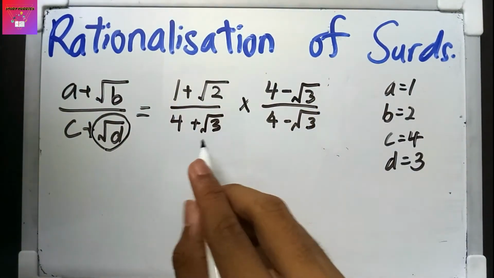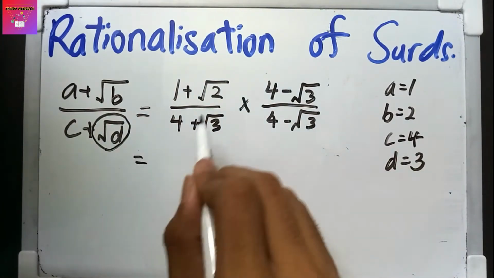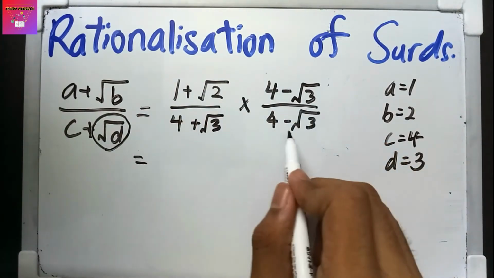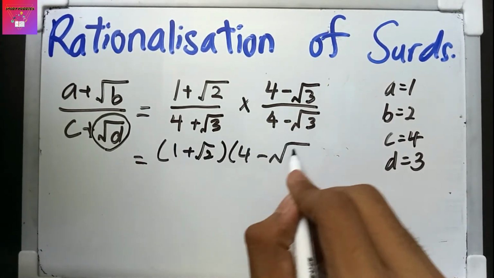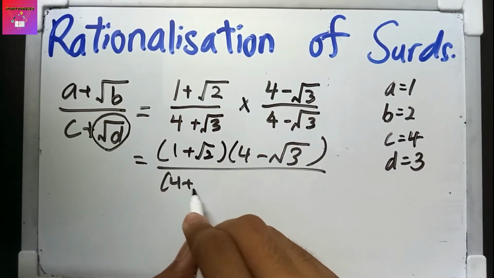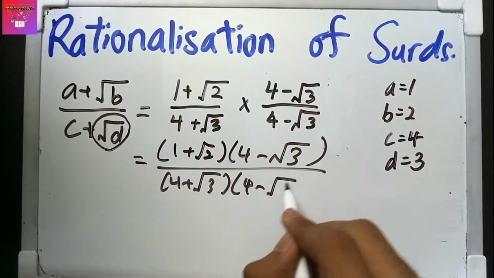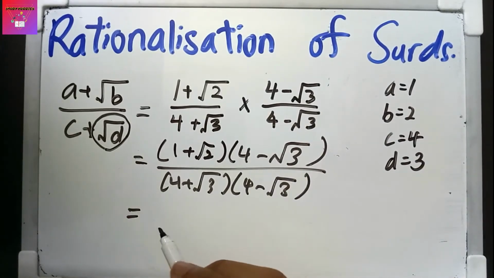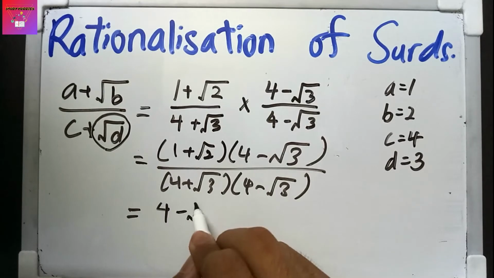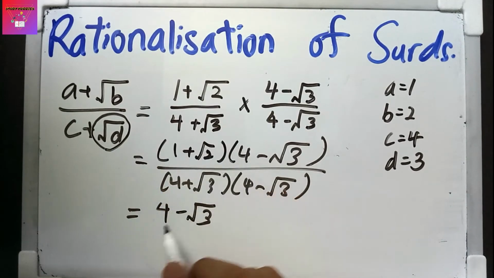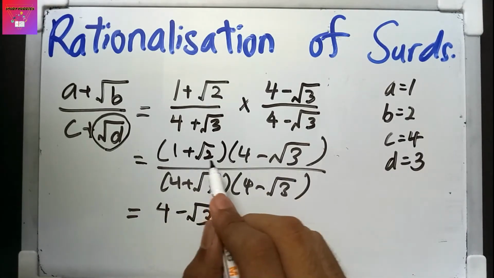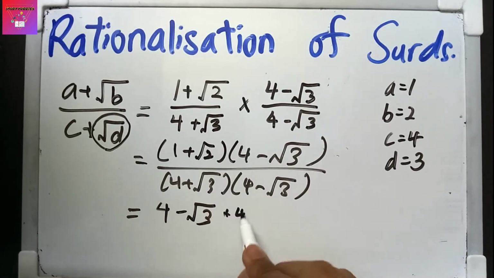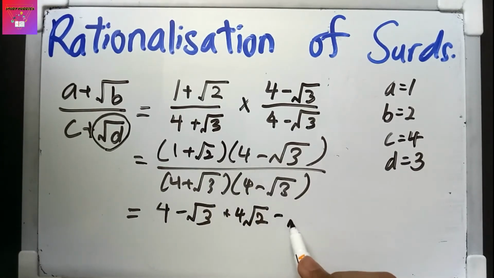Okay, so once we have this, we just have to multiply numerator by numerator and denominator by denominator. So 1 plus square root 2 times 4 minus square root 3, over 4 plus square root 3 times 4 minus square root 3. You are going to get, for the numerator, 1 times 4 is 4, minus square root 3, 1 times negative square root 3, plus 4 times square root 2, minus square root 3 times square root 2.